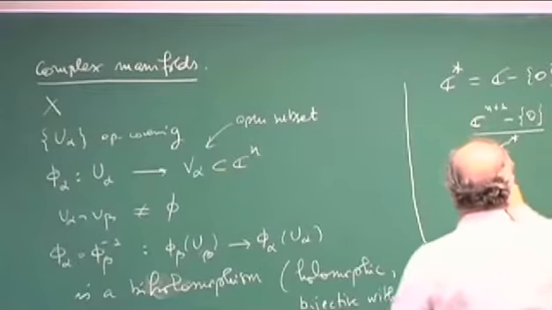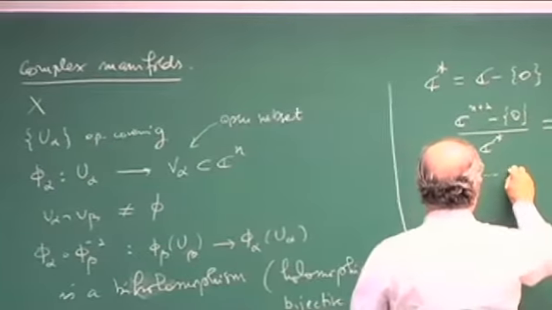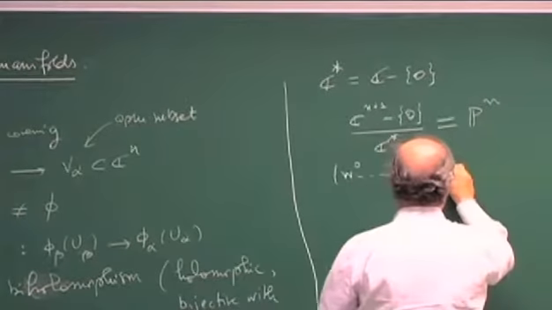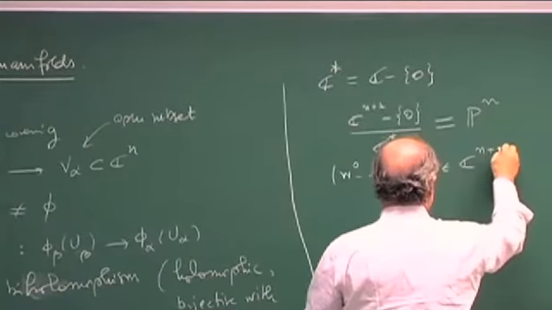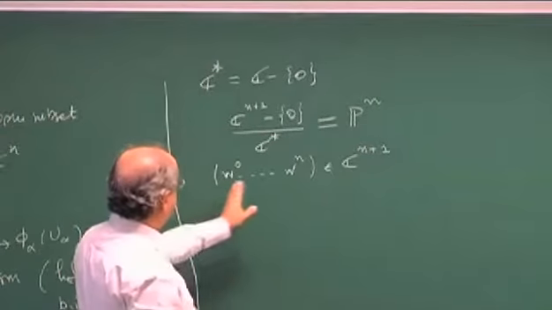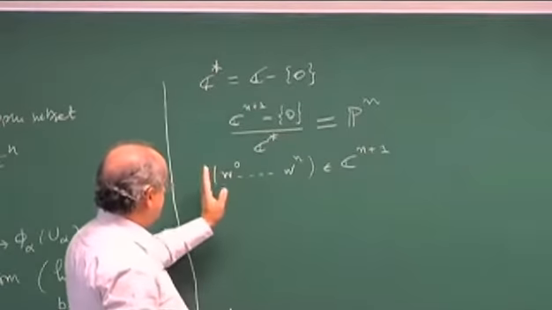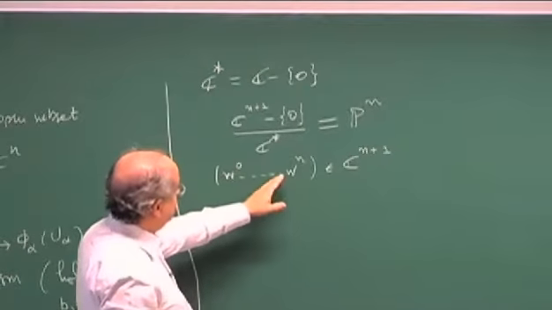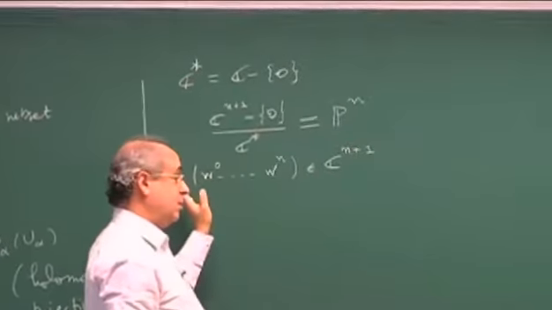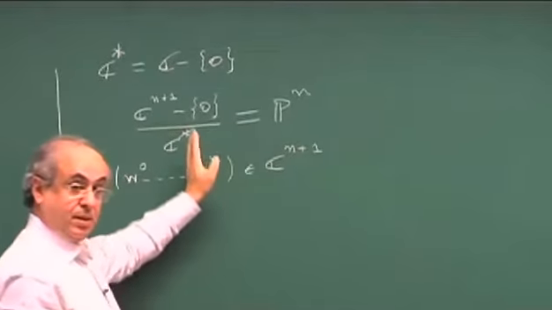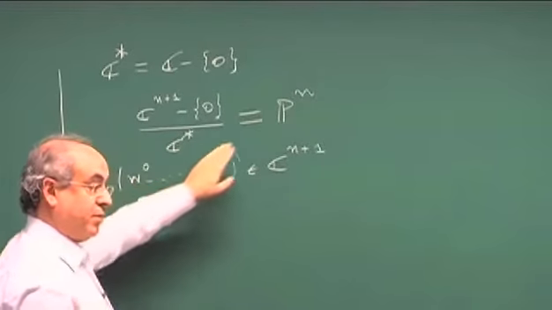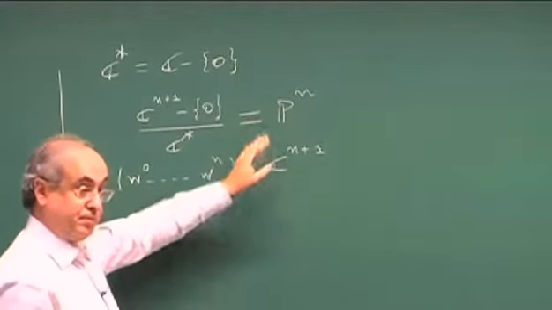For instance, if we call W_0, ..., W_n the standard coordinates in C^(n+1), any choice of these parameters will correspond to a point in P^n, provided that not all of them are 0. These are called the homogeneous coordinates of the corresponding point in P^n.